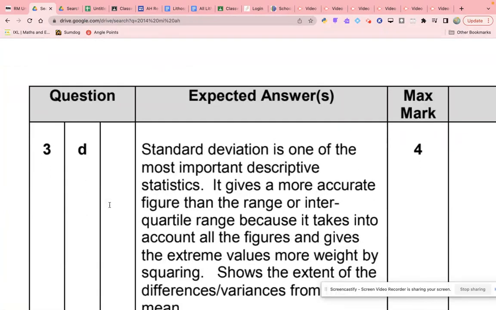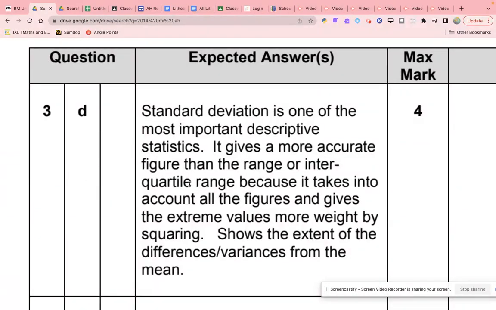Well, there's a number of reasons. First of all, it's one of the most important descriptive statistics we use. Like interquartile range, it allows us to mathematically describe a data set in terms of how spread it is around a mean value.